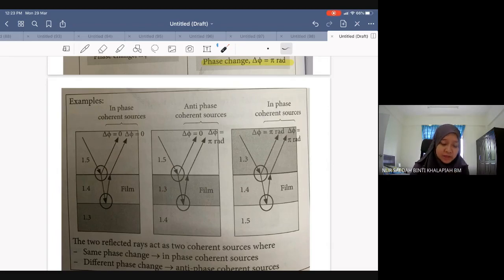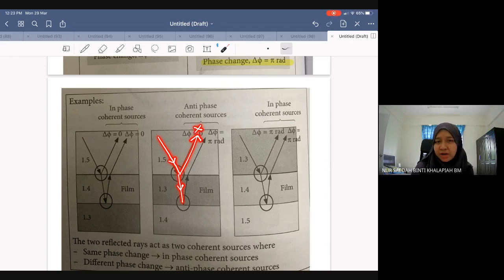Okay, untuk example yang kedua, light kita datang dari medium yang pertama 1.5. Some of the light will be reflected back and some of the light will be refracted through the second medium. The light is from the higher index of refraction to a lower index of refraction. Thus, the reflection ray 1 has no phase change.